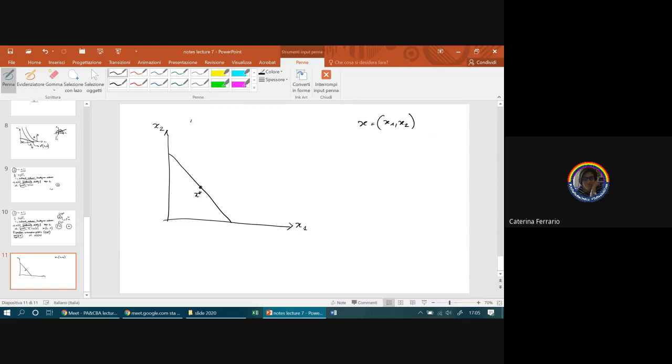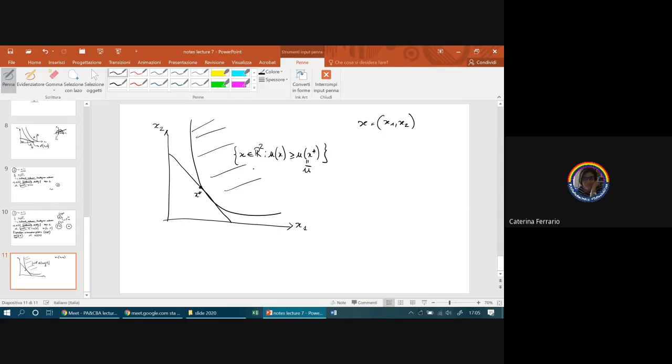And as we know that the indifference curves have this shape, this area is the set of all X, in this case in R square, such that U of X is greater or equal than U of X star. And this U of X star is our level.